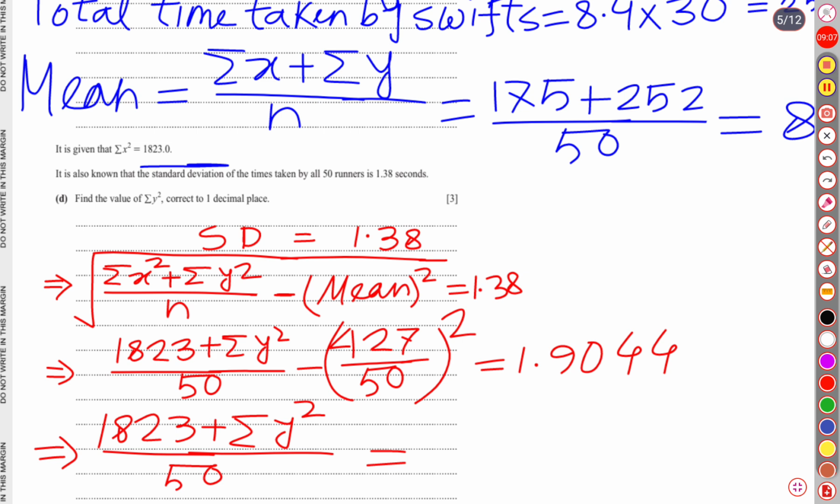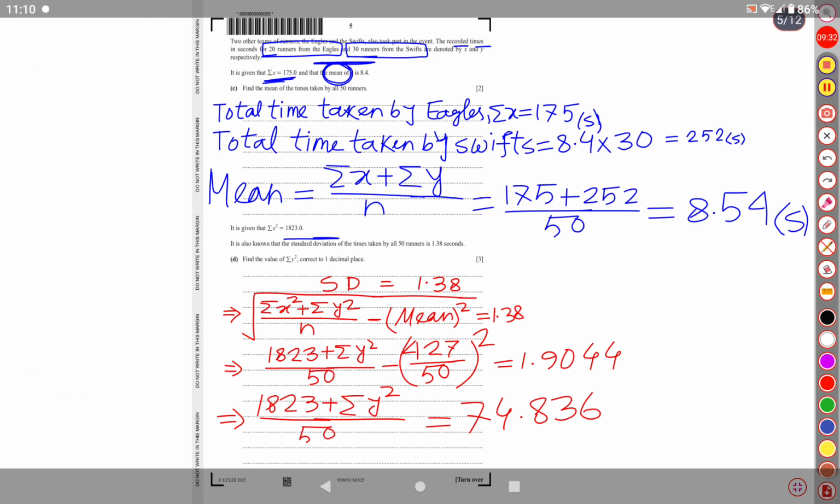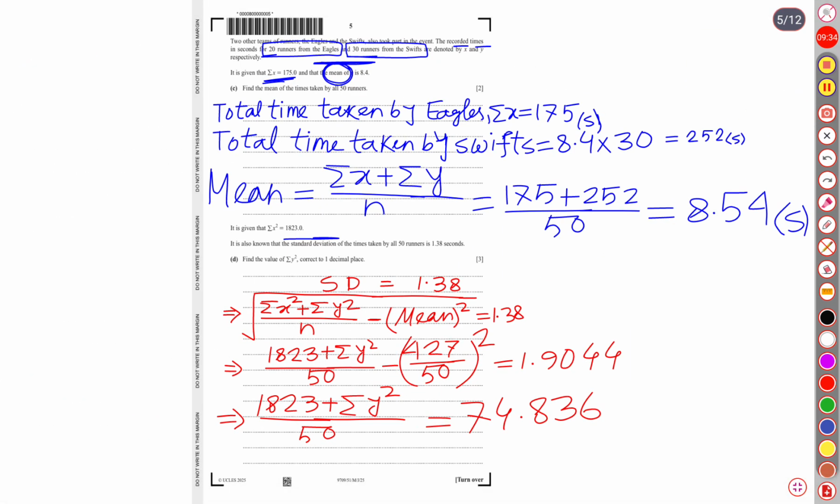If we transpose this to the right side, it will definitely be addition. Then using our calculator, we get 427 over 50 whole square plus 1.9044 equal to 74.836.